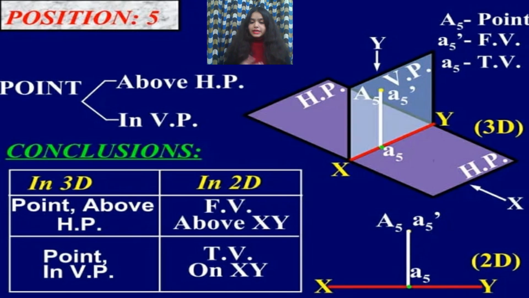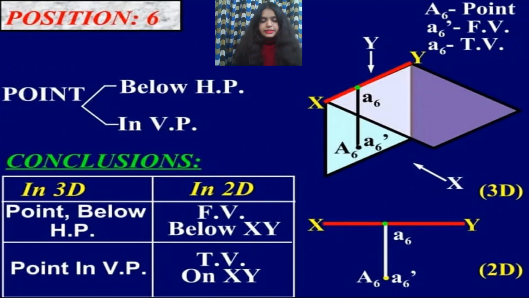You can solve as many questions on this and you would get clear. So here, in 3D the point is above HP but in VP. Where will our point be made? In 2D we are going to make it as front view above XY and top view on XY. So the top view will be on XY, and the front view will be above XY.